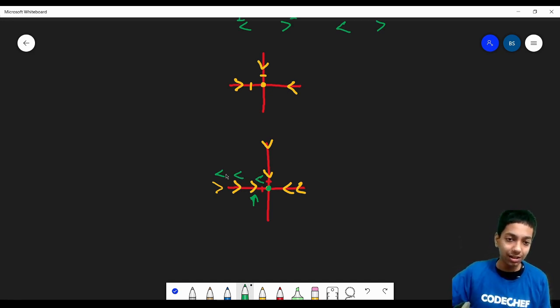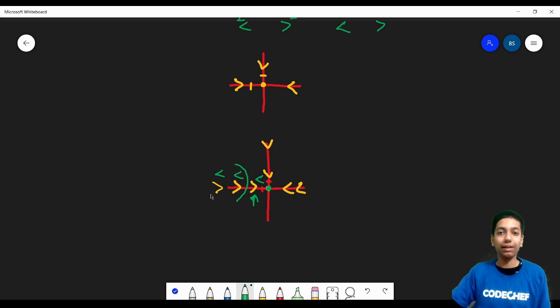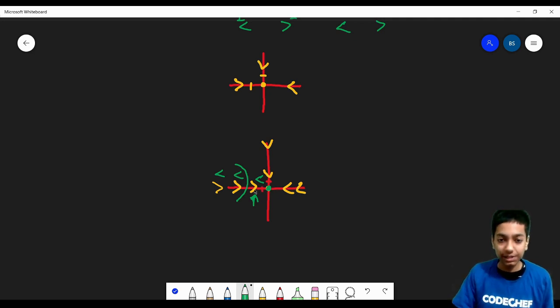We can just basically pass through all of them. So if an ant is colliding, then we can simply increment the answer by the number of ants on the left, right? And let's say if it's not colliding, then it will simply pass on, right? It will just go on ahead, and then it's going to collide with every ant that is on the right of the origin. So two ants in this case, right?